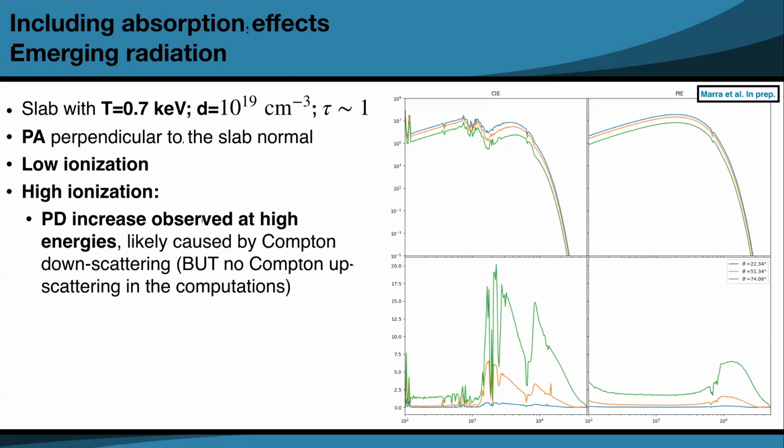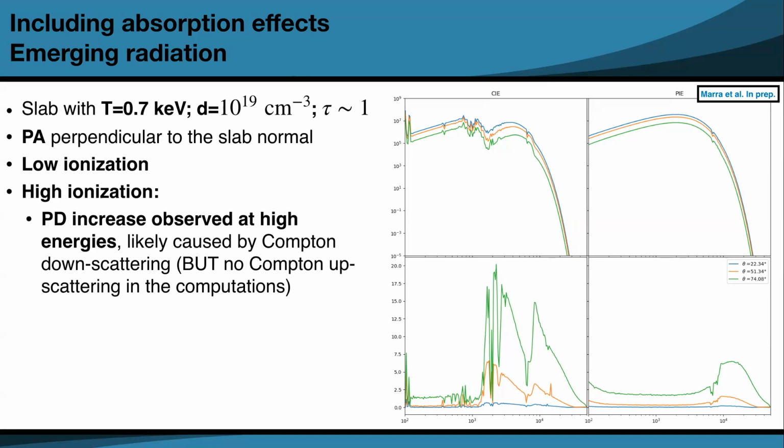So basically the effect is quite similar to the absorption. Compton down scattering effectively removes photons composing the exponential cutoff of the seed black body, thus working in a similar way to the absorption processes that I just described.